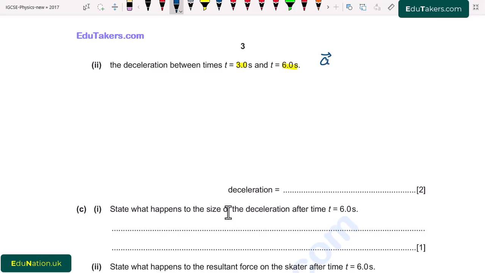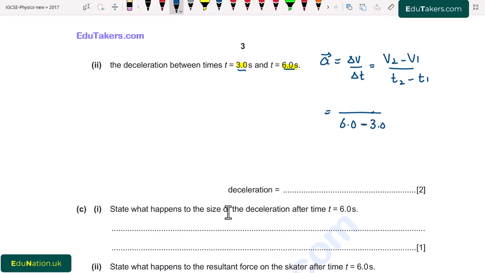I write here acceleration is equal to delta v over delta t, where I take any 2 points, that is at 6.0 second and 3.0 second. It will be v2 minus v1 over t2 minus t1. Here I have to put the values. t2 is 6.0 minus t1 is 3.0.